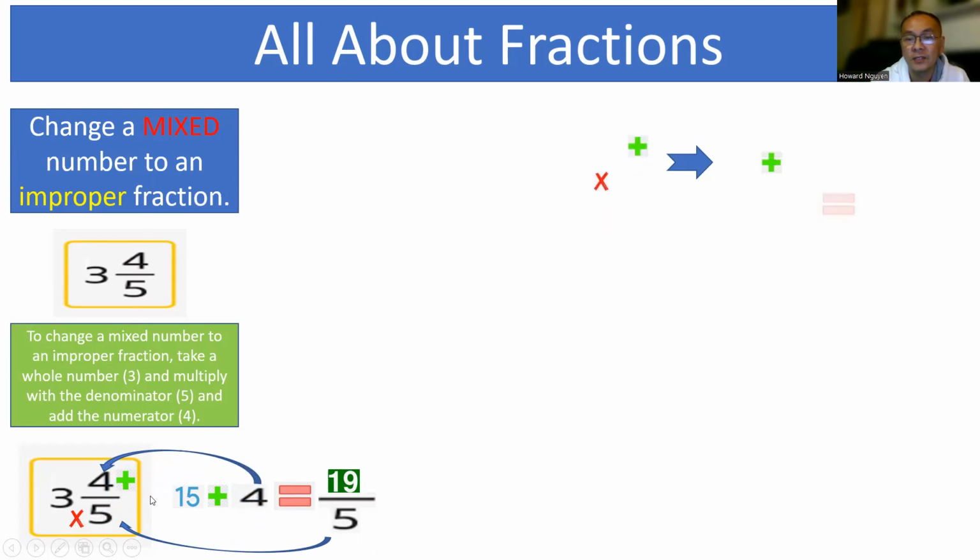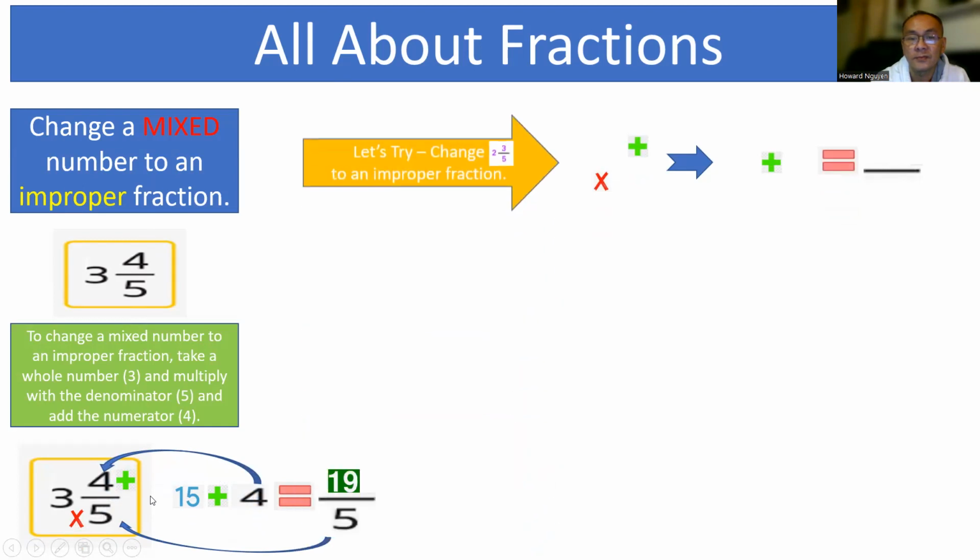Now let's see if you can do this. You are going to change 2 3/5 to an improper fraction. This is a mixed number. Change it to this format, the improper fraction.